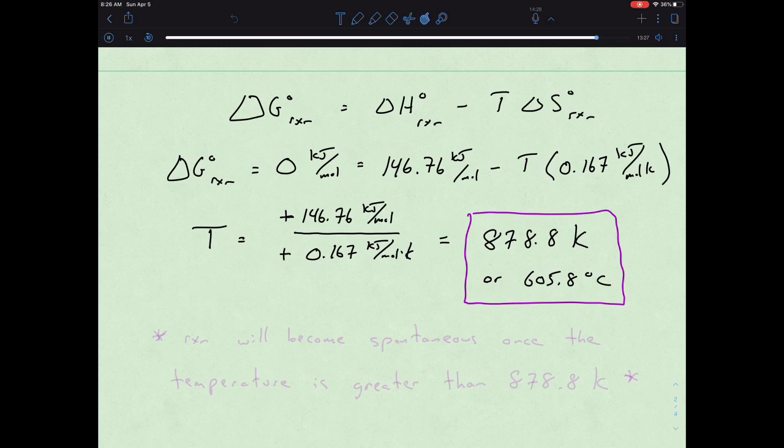So this means that the reaction will become spontaneous once the temperature is greater than 878.8 Kelvin.